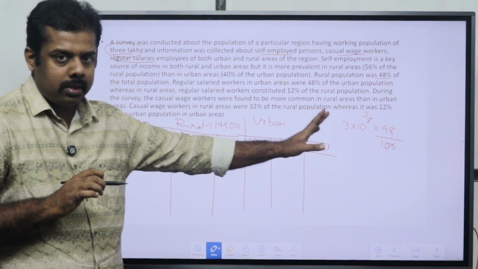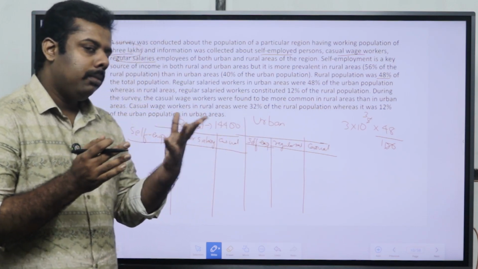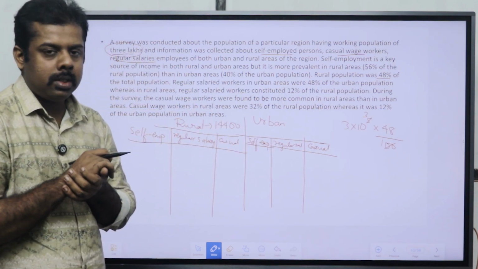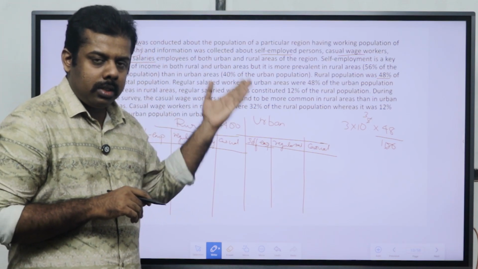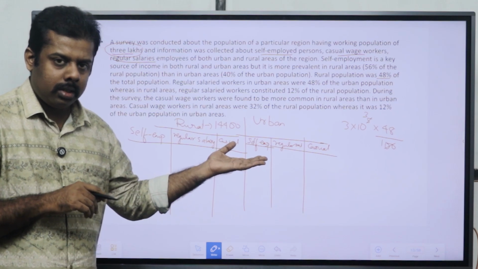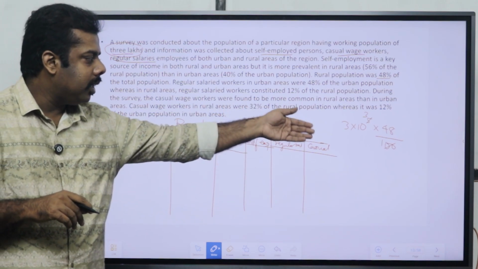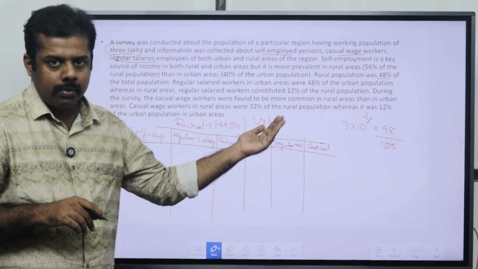The remaining has to be the urban population, because we have only two sets of populations here. You can take the difference of 3 lakhs and the rural population, or otherwise find 52% of 3 lakh.